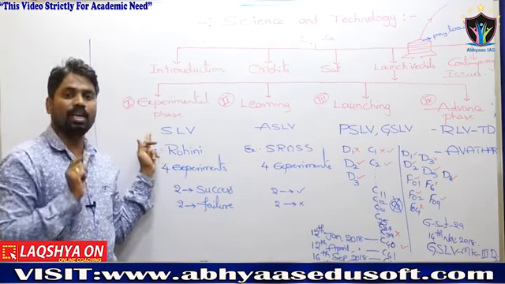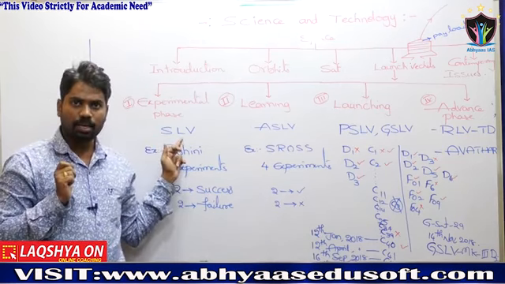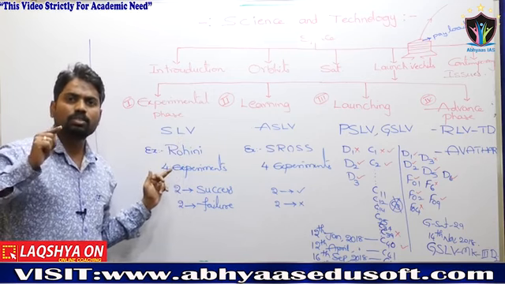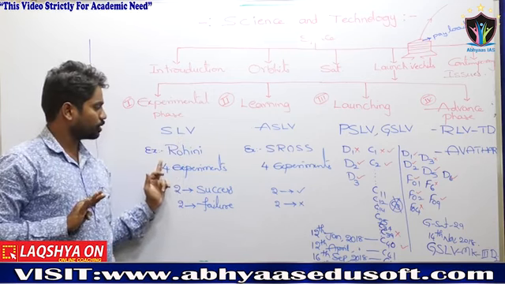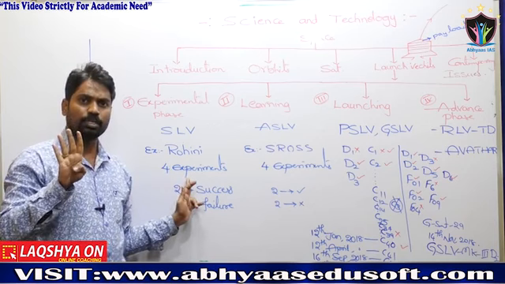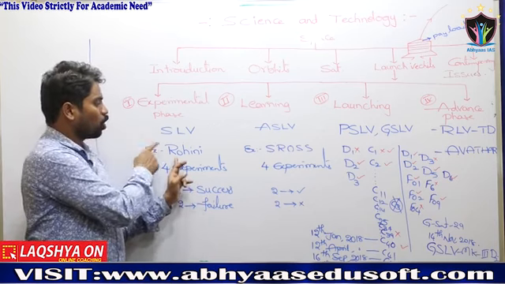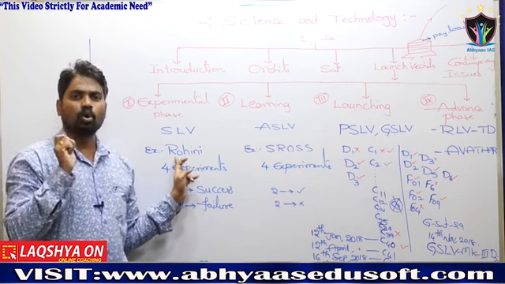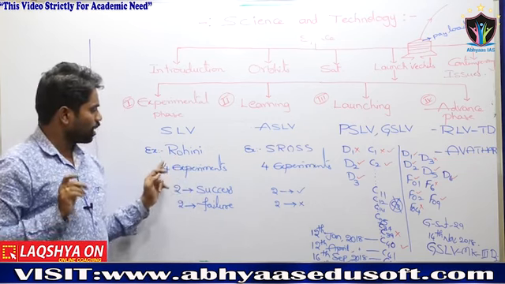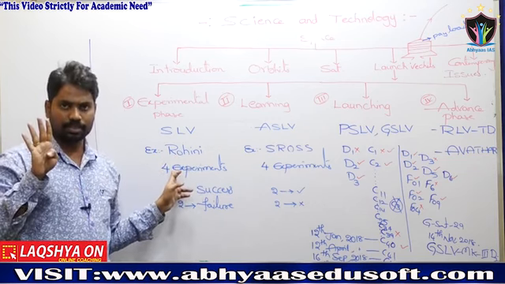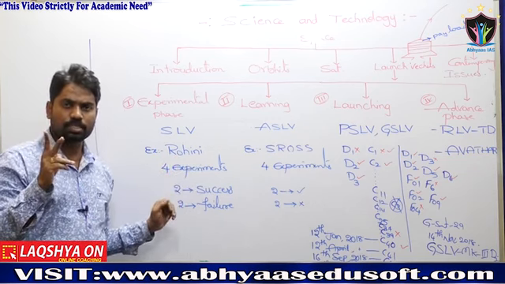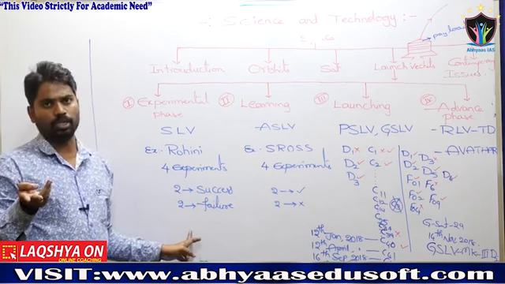By the help of SLV, we did 4 experiments on the Rohini satellite. Of those, 2 were successes and 2 were failures.